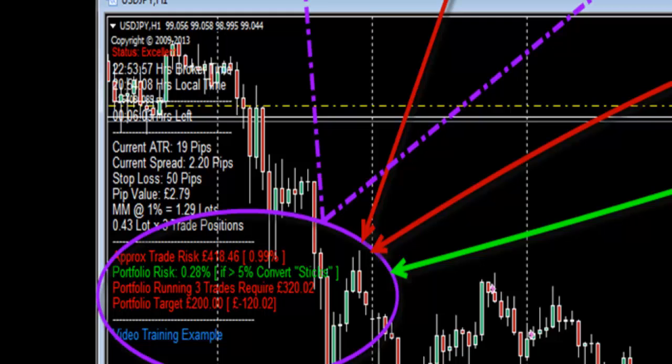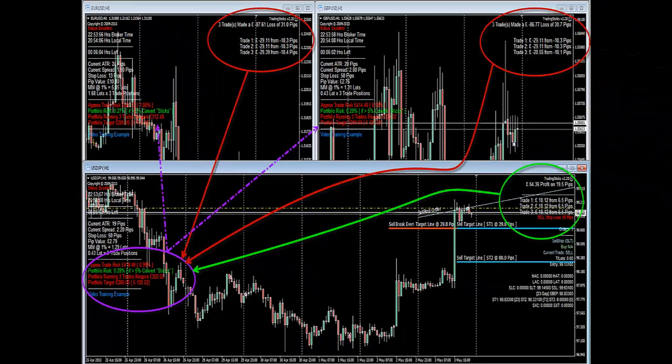So we actually are now required to make £320.02 to actually hit our target. If we look at our portfolio risk as it's running right now, we're at 0.28%, and what we've said is that if the risk is greater than 5%, that we're going to convert the sticks. As we recalled earlier, that was option 1.